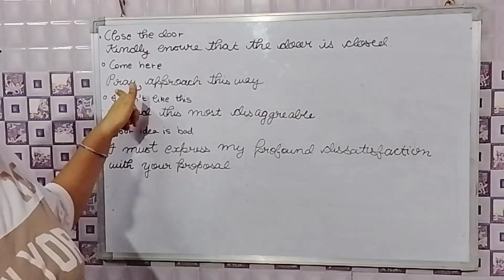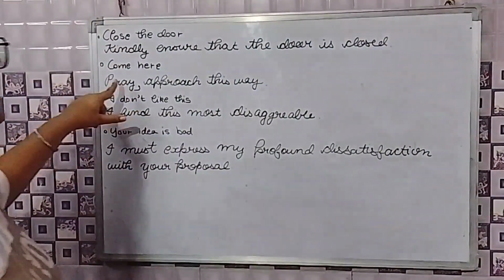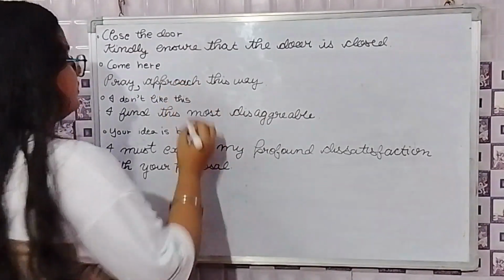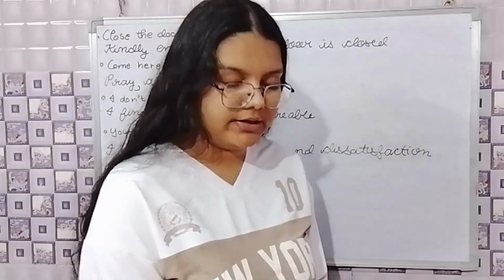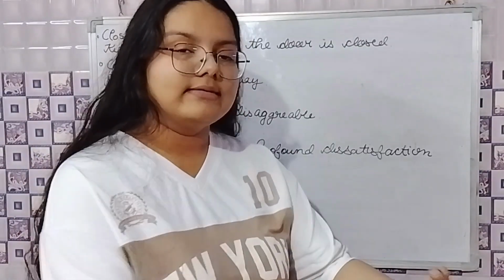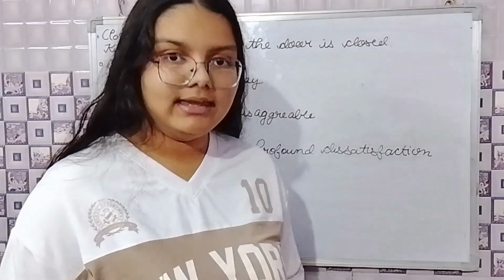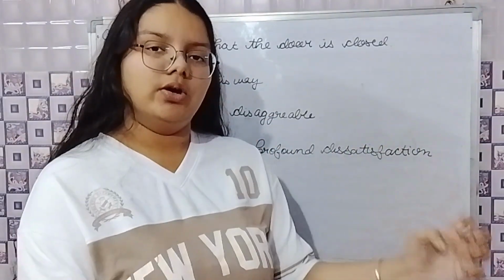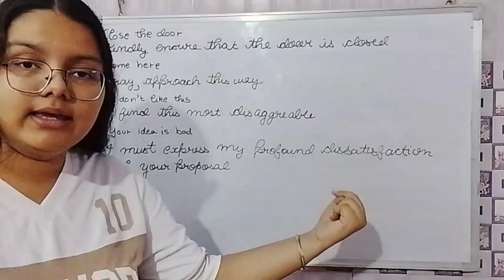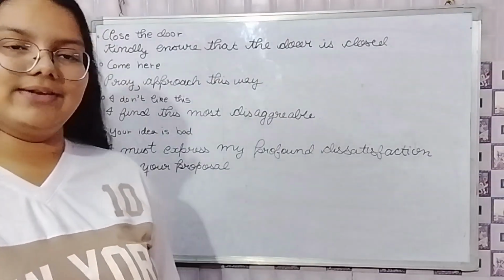So "pray" is most important in Victorian English. "Come here" becomes "approach this way." Here can be anything, but we are using this way. Not using "come," but "pray, approach this way."